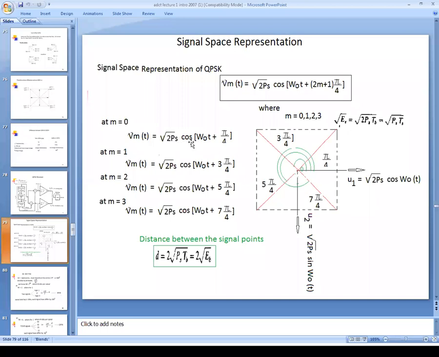Let us take an example. Small m is equal to 0, and we substitute in place of m.